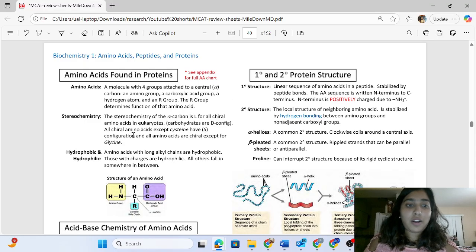So the alpha carbon is a chiral carbon, except in glycine, and all of them are L type, that is levo. All the amino acids except cysteine have S configuration.